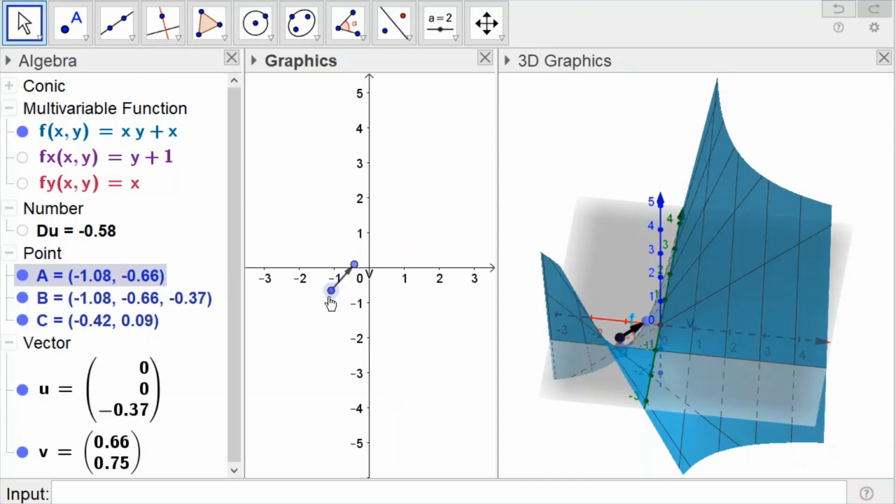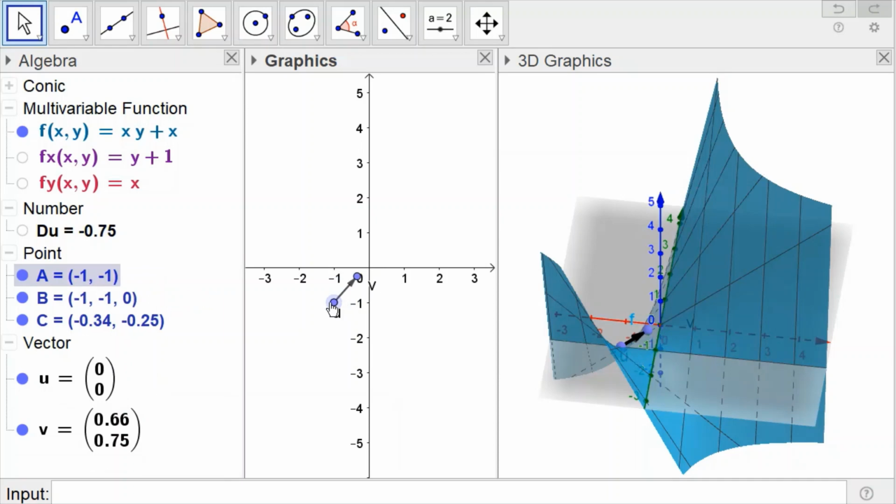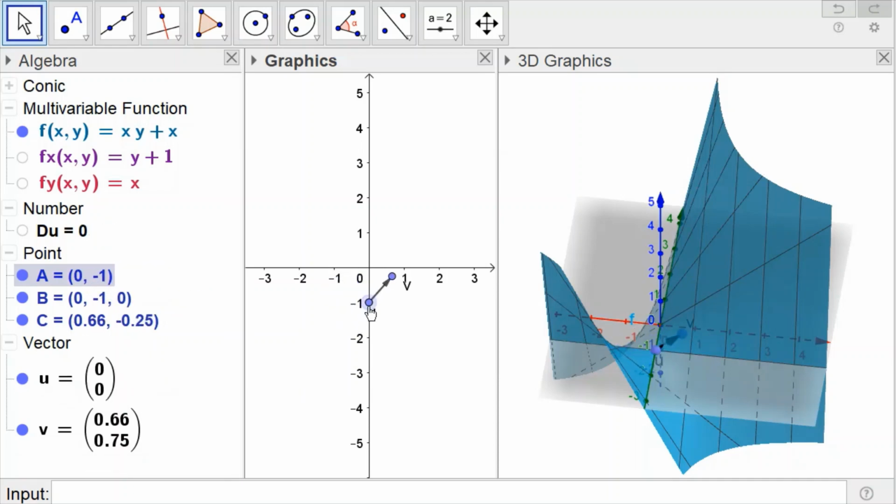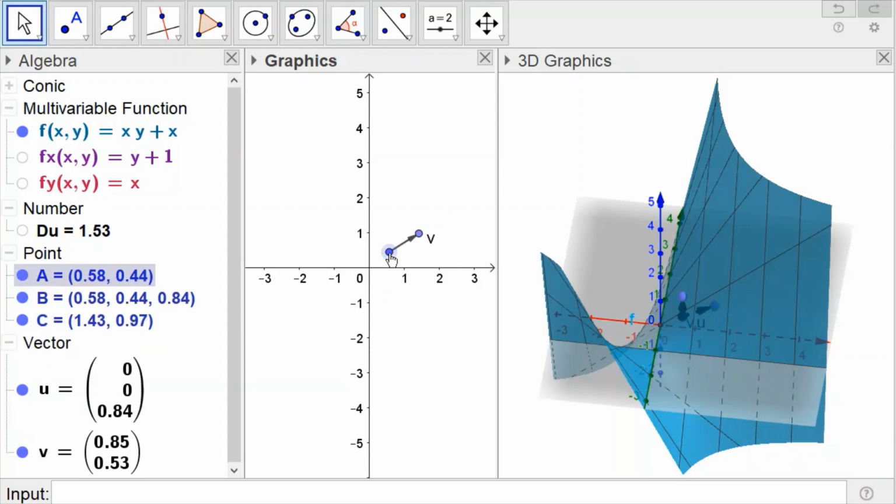And there's probably some point over here where I can get almost like a directional derivative of 0, almost like we're at a little point in space where it's flat in every direction, which is kind of interesting at the point 0, -1 there.